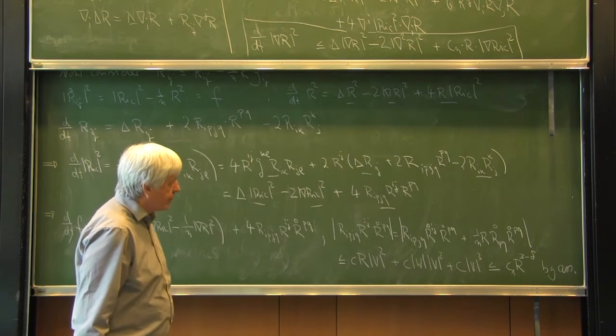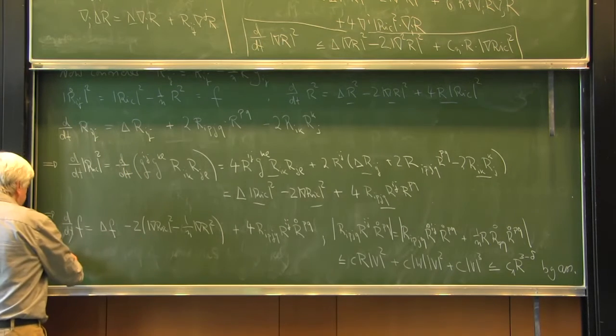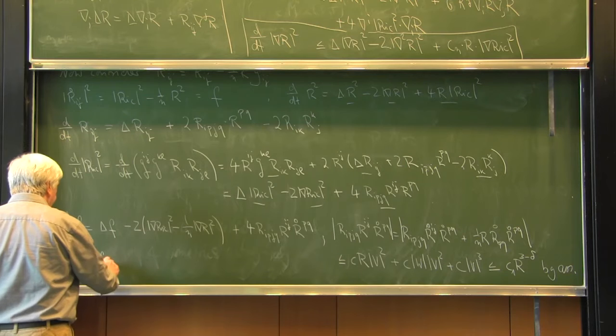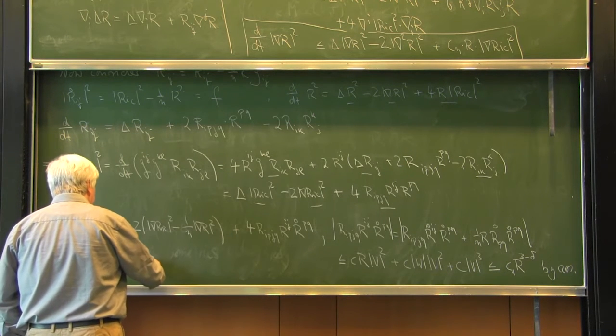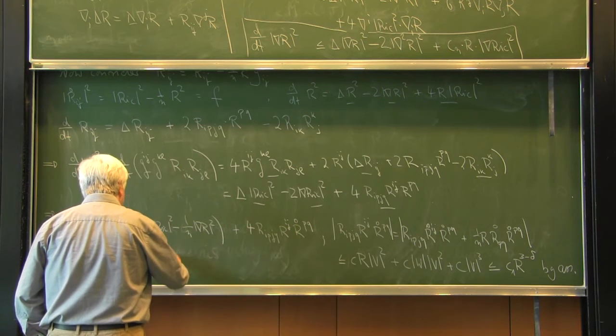Okay, so now we can write d/dt f is less than Laplacian of f minus this term here, gradient Ricci squared minus 1 on n gradient R squared.